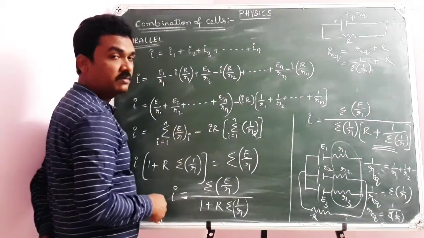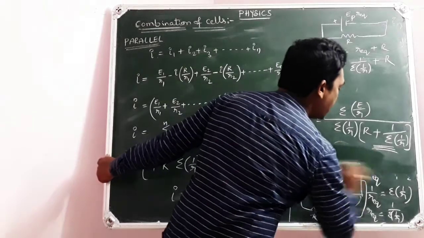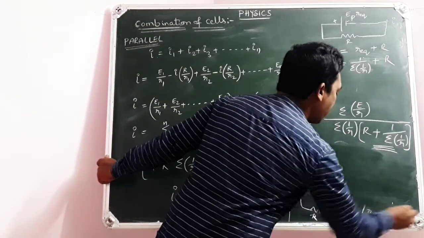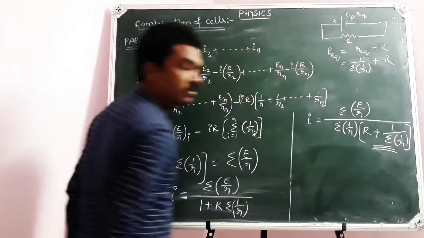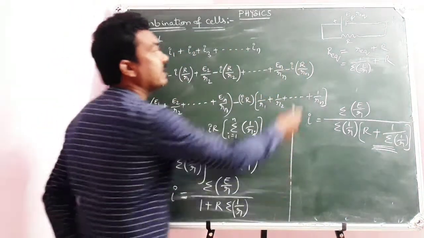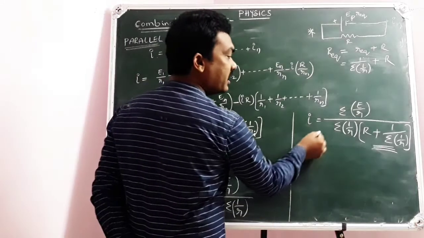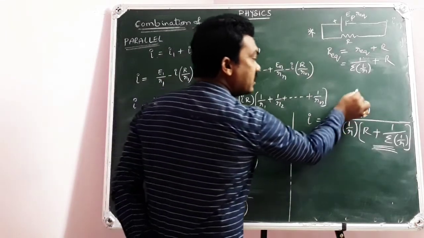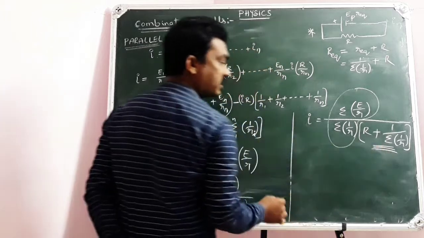That is very, very important. So to show that in the mathematical equation, I have taken sigma of 1 by R as a common term. Hope your doubt is clear now. Here it is a mathematical step with the equivalent circuit, so that this will be compared with, this is equivalent EMF and this is equivalent resistance.